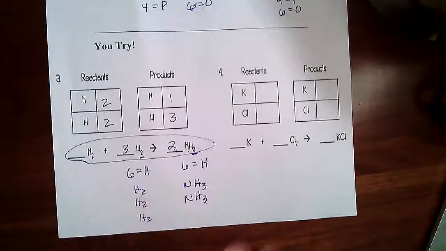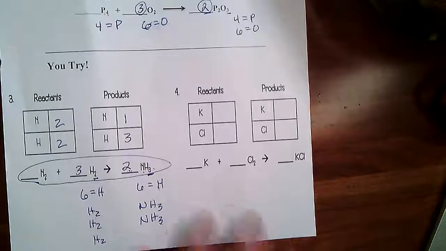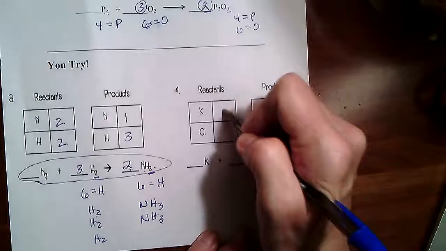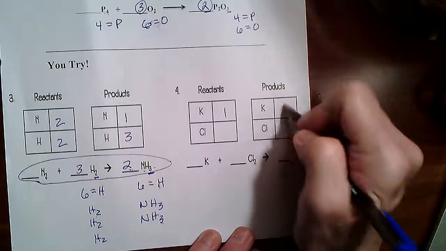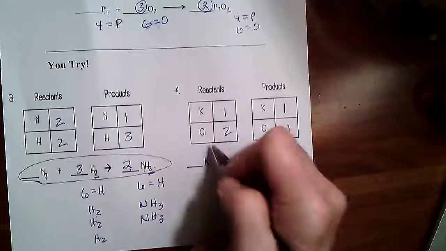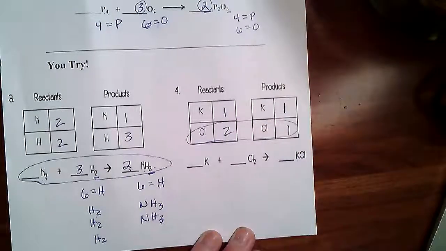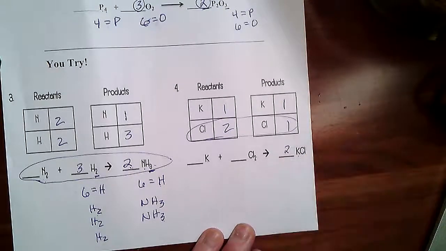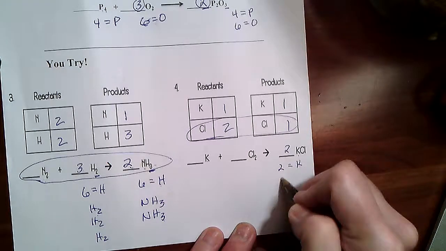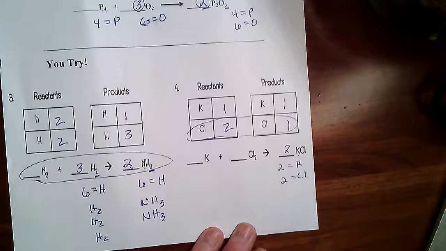Okay, now number 4, let's try this one. Okay, we've got 1 potassium going in, 1 potassium coming out, 2 chlorine in, 1 coming out. So here's our problem. So I'm going to go ahead and put a 2 in front of this, and that's going to give me 2 potassium coming out and 2 chlorine coming out.